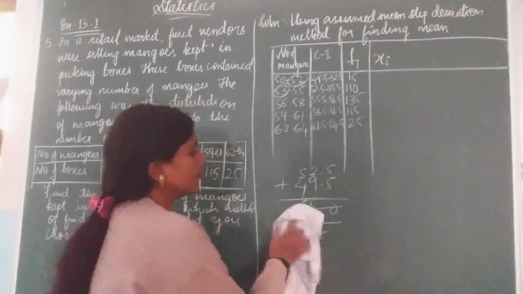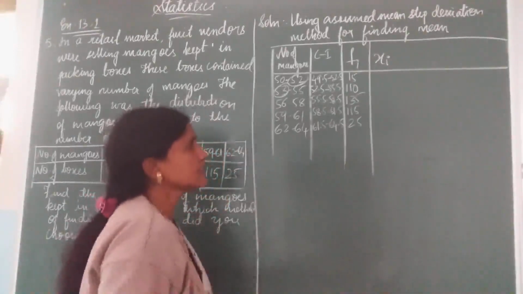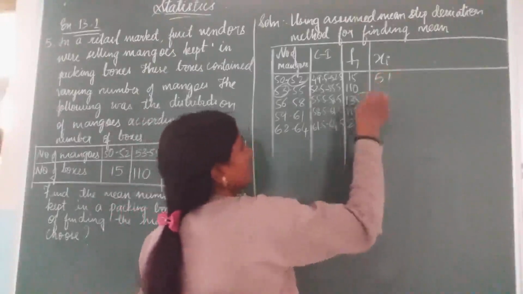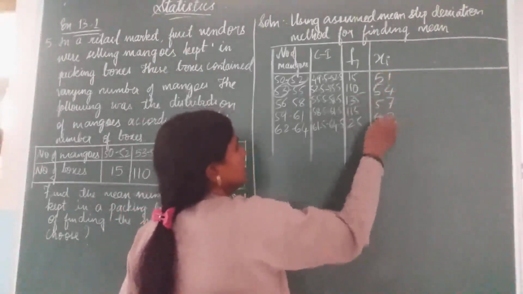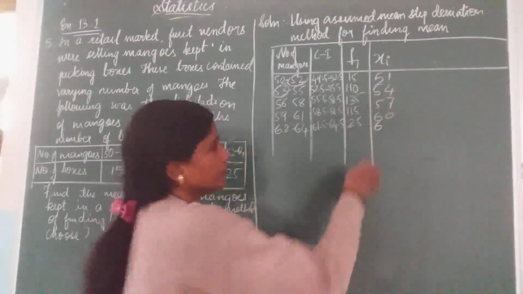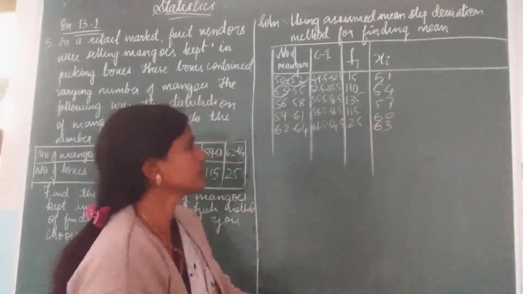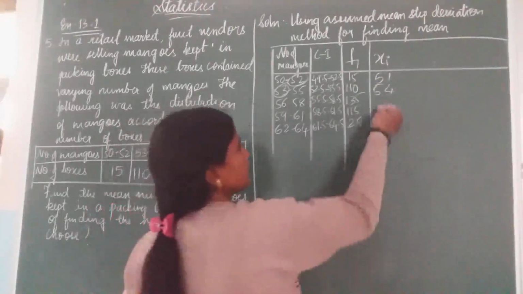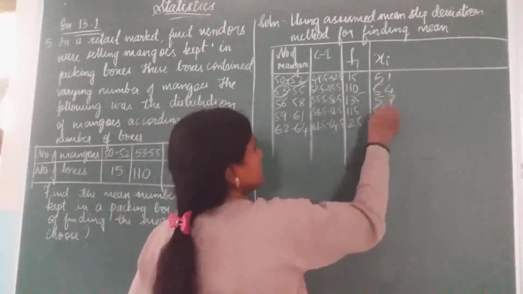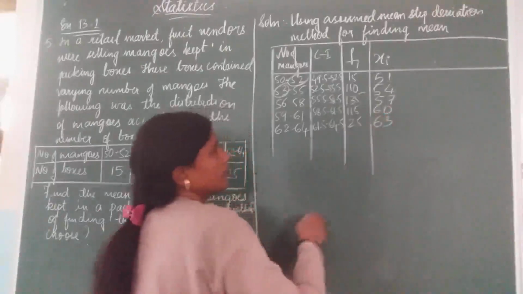You will get 51 as the class mark. Next it is 54, 57, then 60, 63.